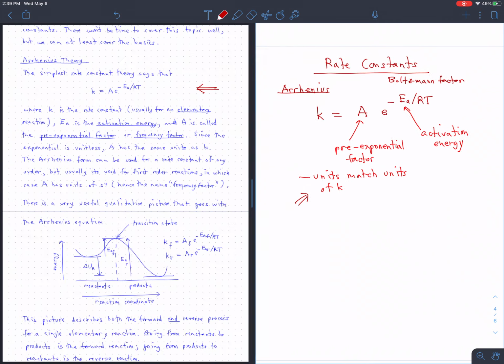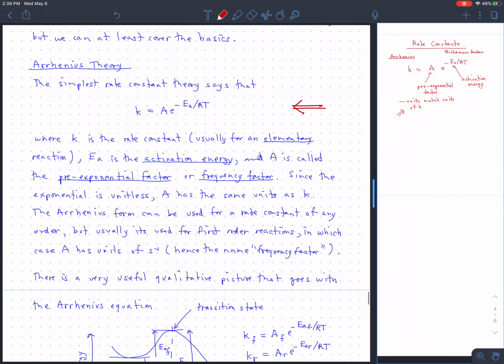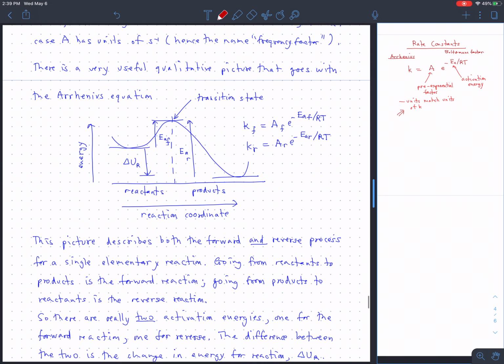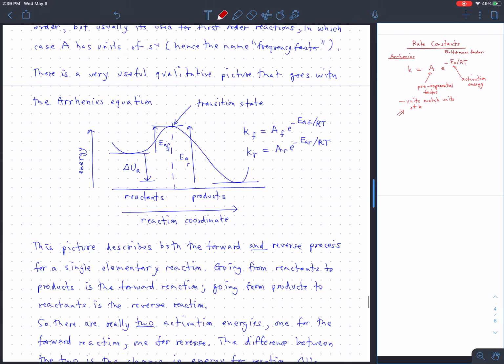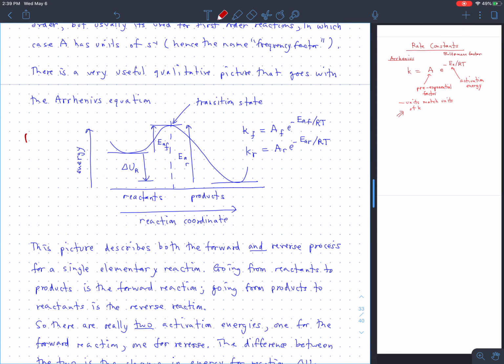What's this qualitative picture that goes with it? I imagine many of you have seen this kind of thing discussed before, but it doesn't hurt to review. And maybe somebody hasn't seen it already, but it goes with this reaction energy diagram, as it's called, at least in the freshman textbooks.